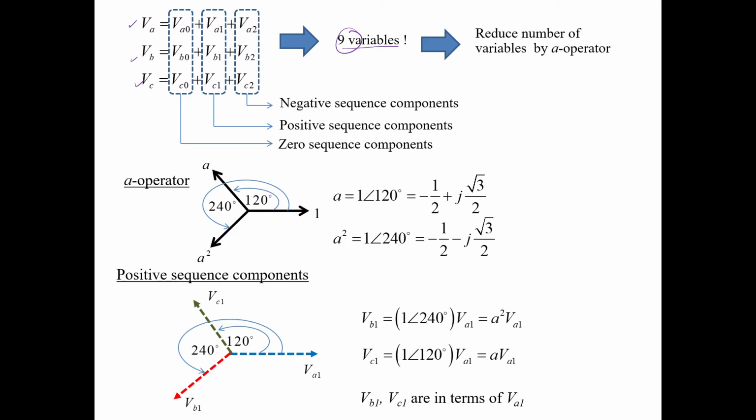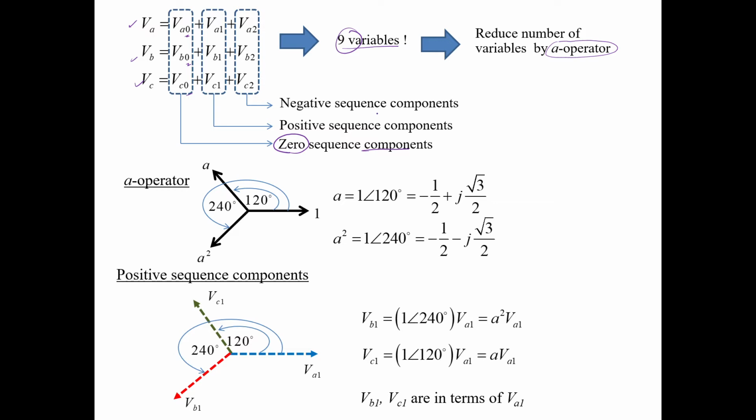by using some geometrical property. In this case, it is defined in terms of the A operator, which will be explained to you. Now we have to group the zero sequence components, all these three with the subscript 0. We call this the zero sequence component, positive sequence component, and negative sequence component.